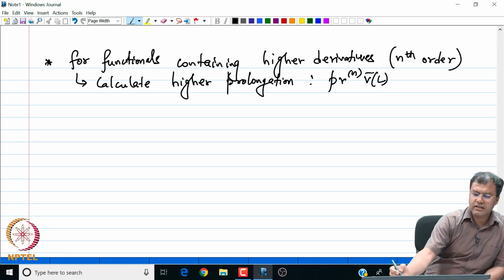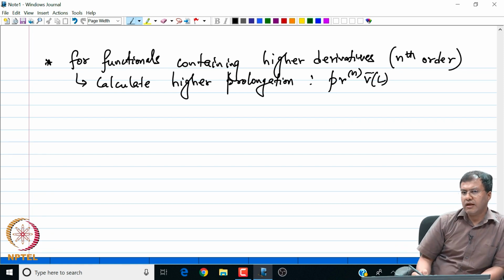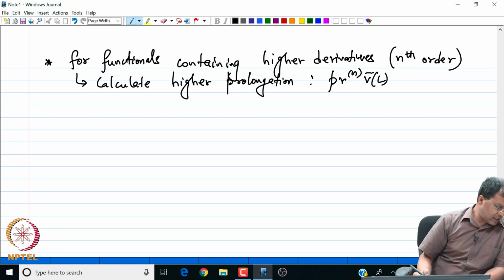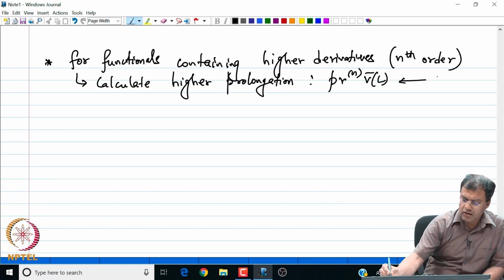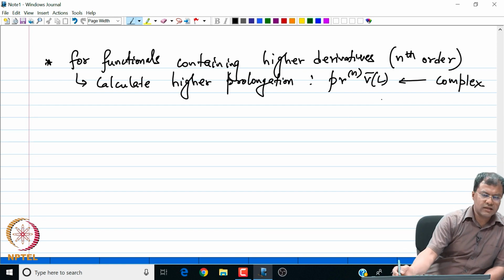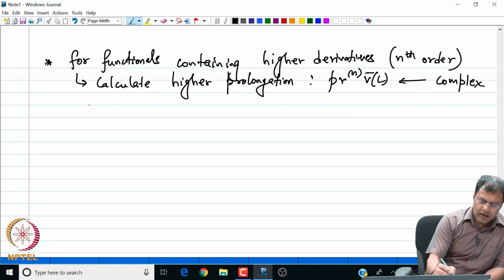Well, it is easier said than done. As n becomes larger and larger, this becomes quite complicated to find. Okay. So, I am not going to write the general form, but I will end the discussion by mentioning the condition for existence of variational symmetries.